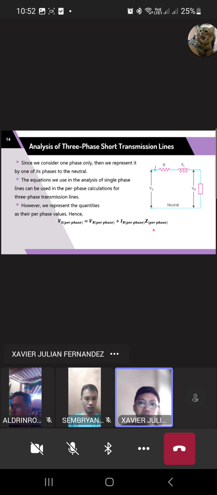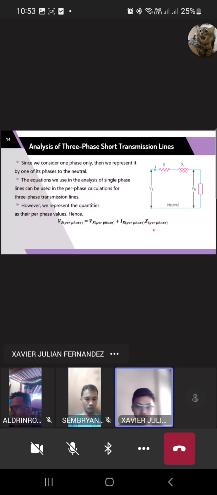For a transmission line, it's always Y, unless otherwise stated as delta. So your transmission line is a Y connection, meaning the line-to-line voltage is not the same as the voltage per phase. Line-to-line voltage is equal to square root of 3 times voltage per phase. So to solve for the voltage per phase, it's line to line over square root of 3. The given 11 kilovolts is line to line, unless otherwise stated as per phase.